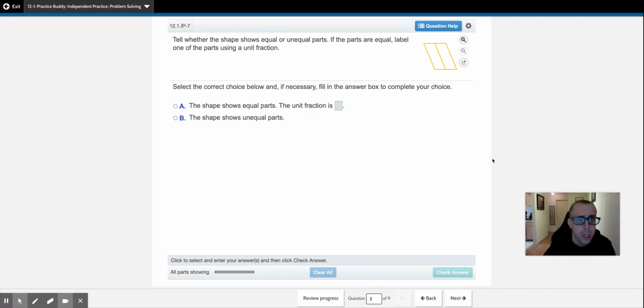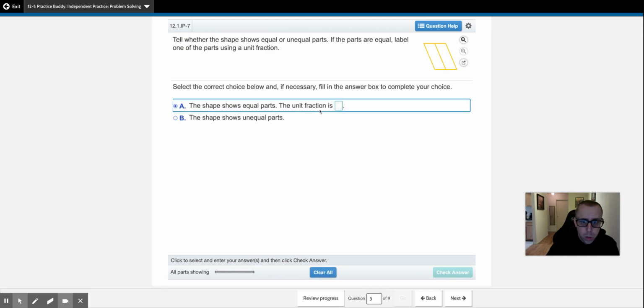Here's another one. Tell whether the shape shows equal or unequal parts. If the parts are equal, label one of the parts using a unit fraction. Okay? Here's another parallelogram. It shows 2 equal parts. So the shape does show equal parts.